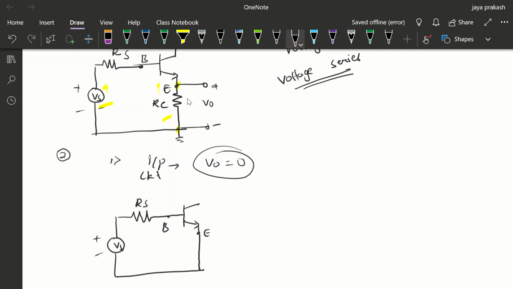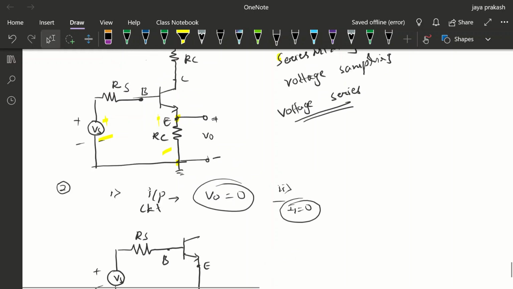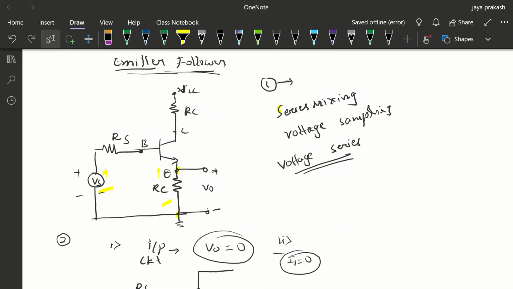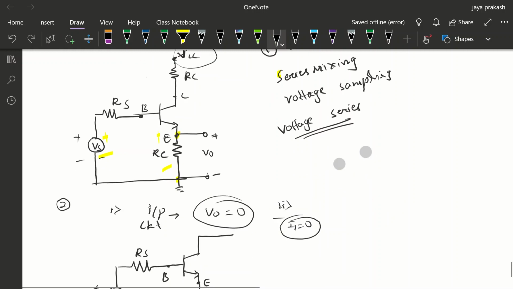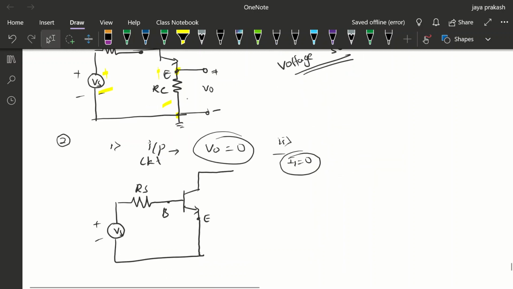Vs. Okay, and in the second step, we have to find the output circuit. In order to draw the output circuit, if it is series mixing, we have to make Ia equal to 0. Okay, so if Ia is equal to 0, the input current is 0. So on the output side, under AC analysis, whatever the collector supply voltages are there, those will be shorted to ground.